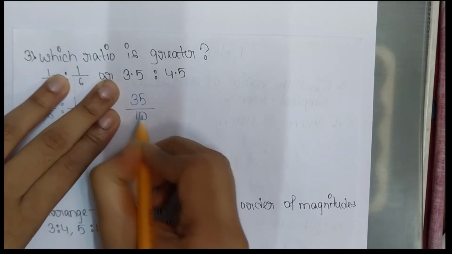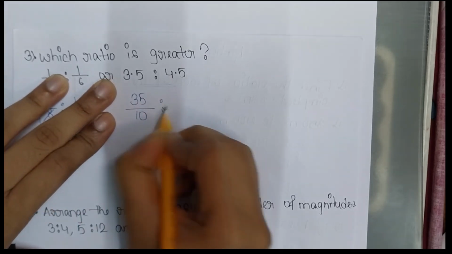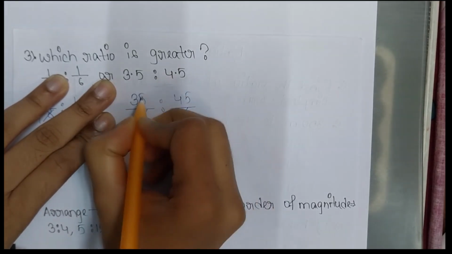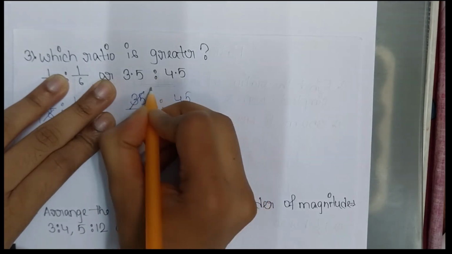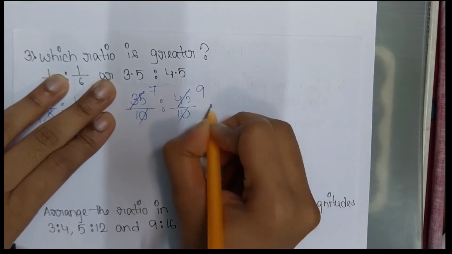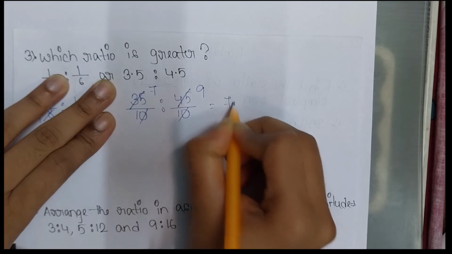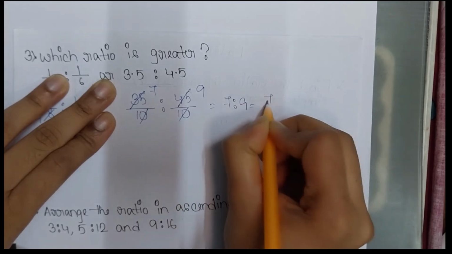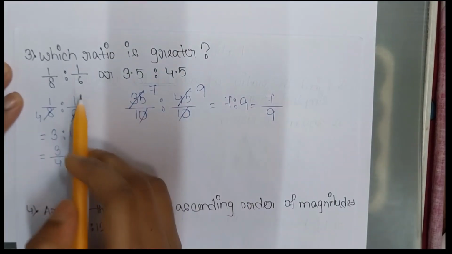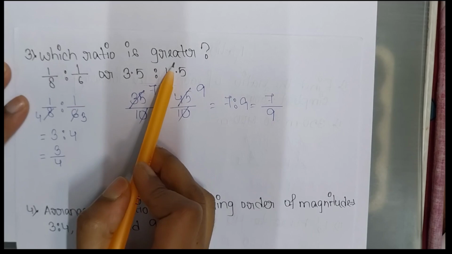So here we will convert it into a fraction. 5 7s are 35, 5 9s are 45, so it is equal to 7 is to 9, equal to 7 by 9.